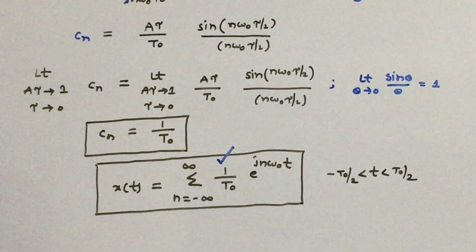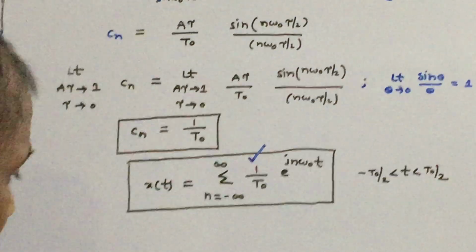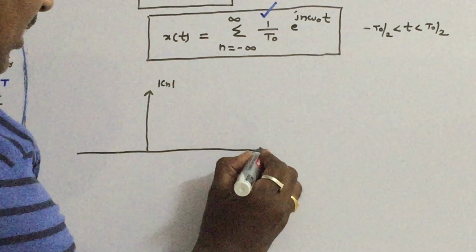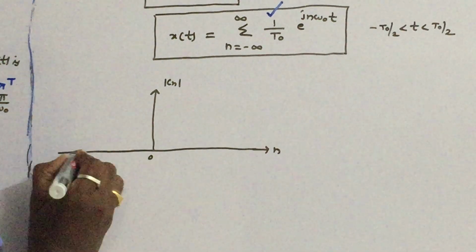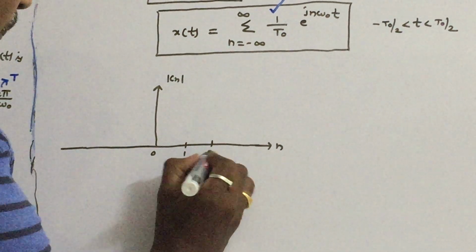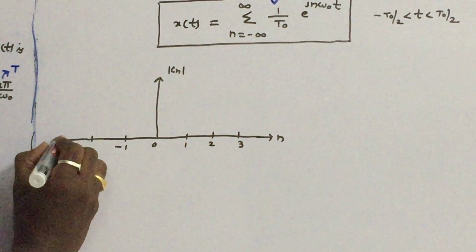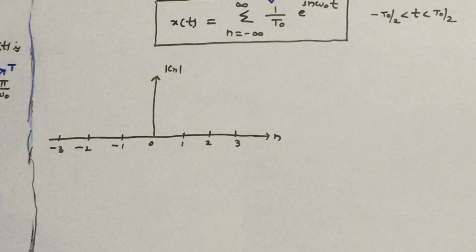Now let us plot the magnitudes. What is the magnitude here? The magnitude of exponential Fourier series coefficients versus n. So 0, 1, 2, 3, and so on, minus 1, minus 2, minus 3, and so on. What are the amplitudes?